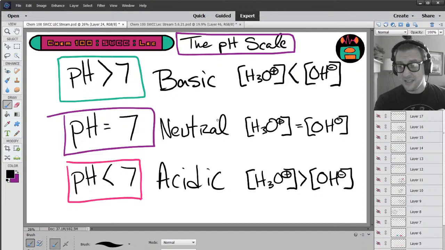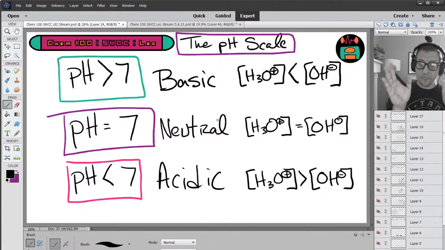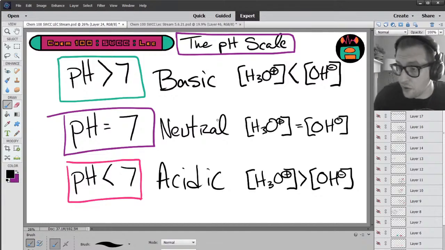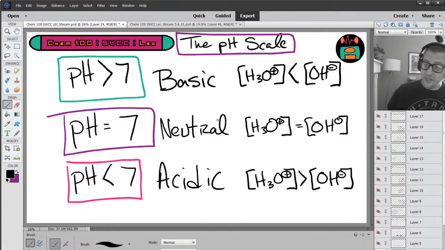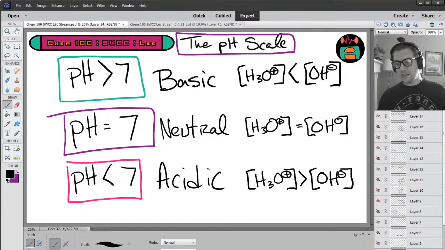So these are the three classifications of solution. Either you're neutral at pH 7, you're acidic at a pH that is lower than 7, or you are basic at a pH that is higher than 7.